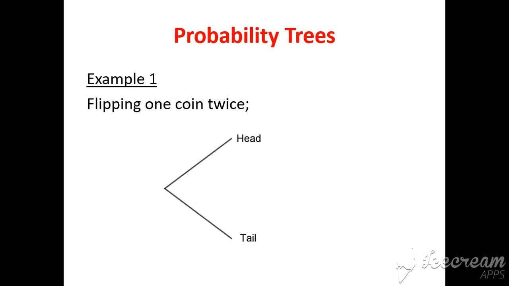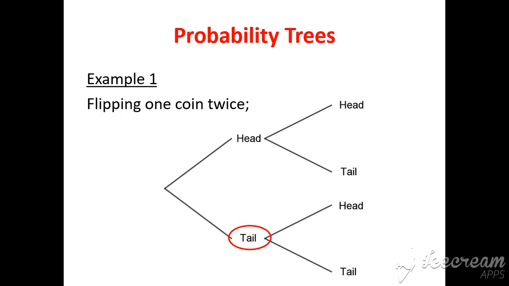If the coin came up with a head the first time, the second flip could either be head or tail again. And if the coin came up with the tail first time, then the coin could come up with head or tail again on the second flip. So this here is what a probability tree would look like when we flip a coin twice.